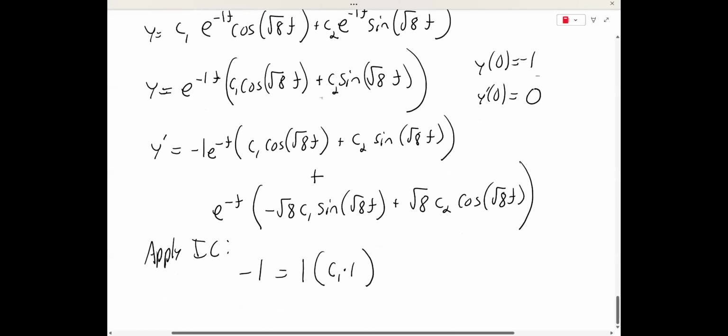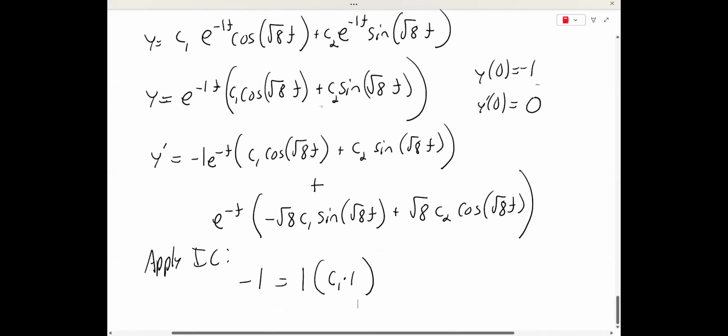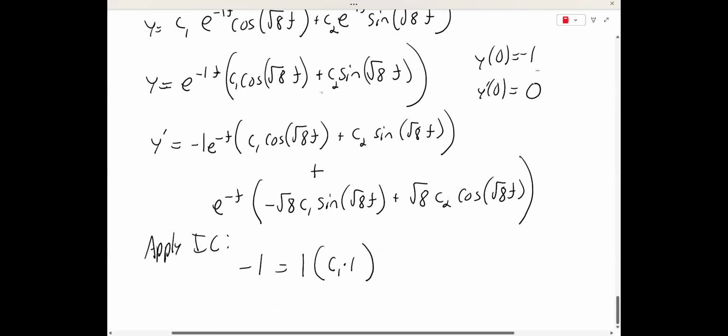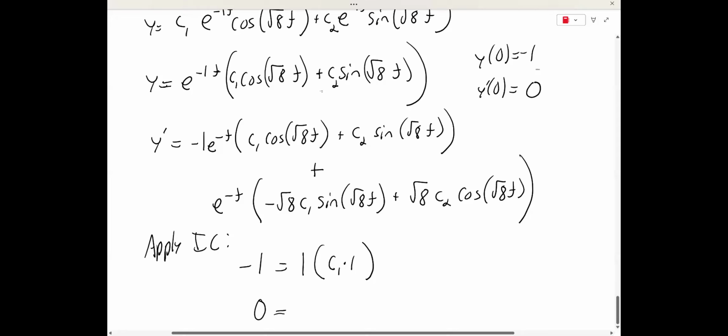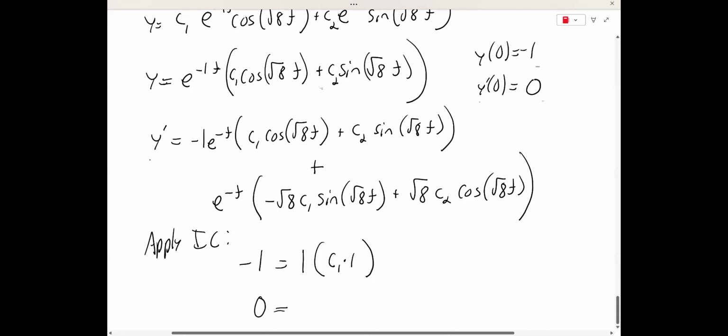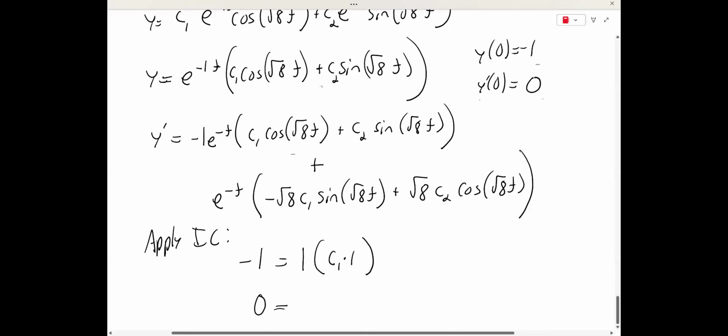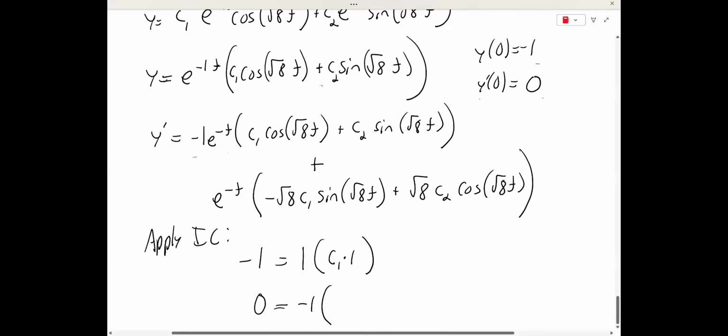And then for the second one, that's easy to solve. For the second one, I get 0 equals, plugging into the derivative now, that would be -1 here. This would stay, this would go, plus that would be a 1.